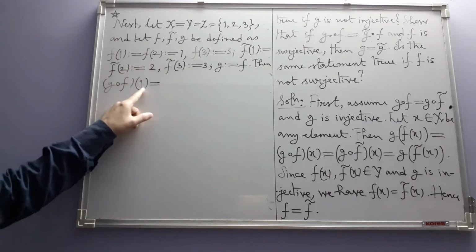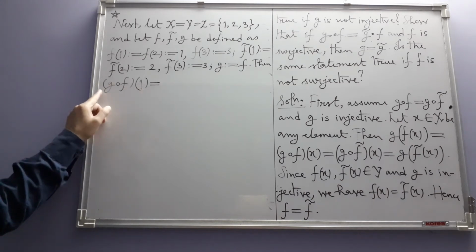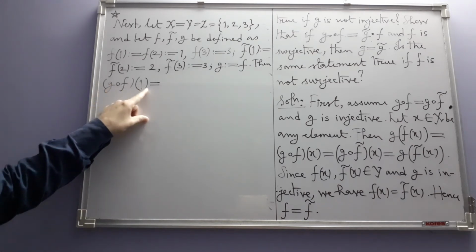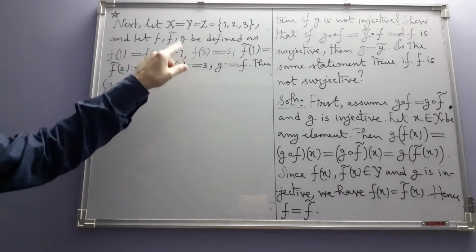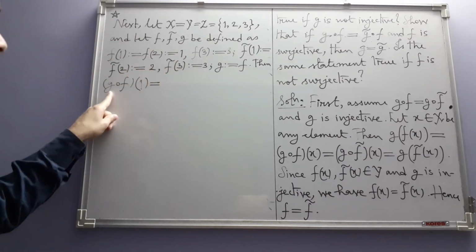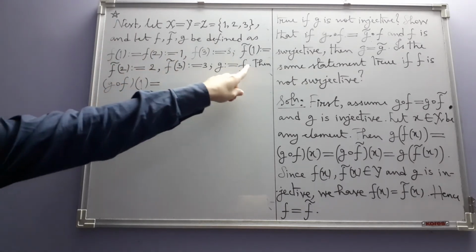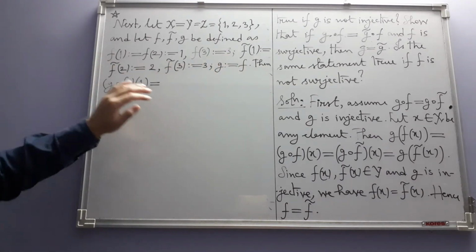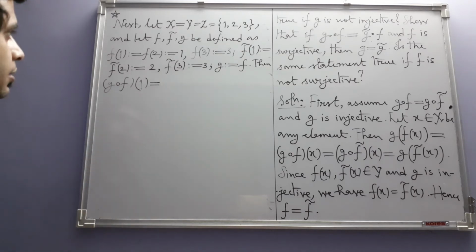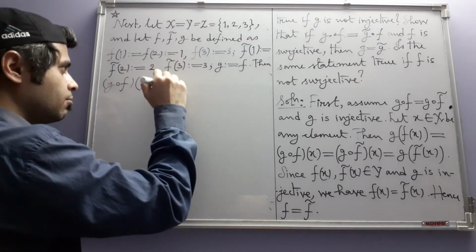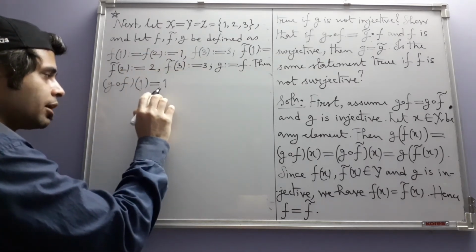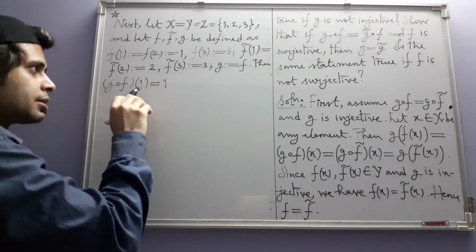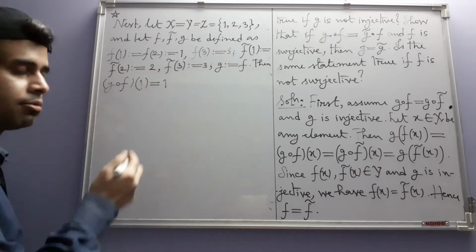We first apply f on 1 according to the definition of composition. f of 1 is what? 1. On that one we apply g then. And since g is nothing but f, once again we apply f on that 1, and thereby we get 1. f of 1 is 1, g of that one is nothing but f of 1, which is again 1.